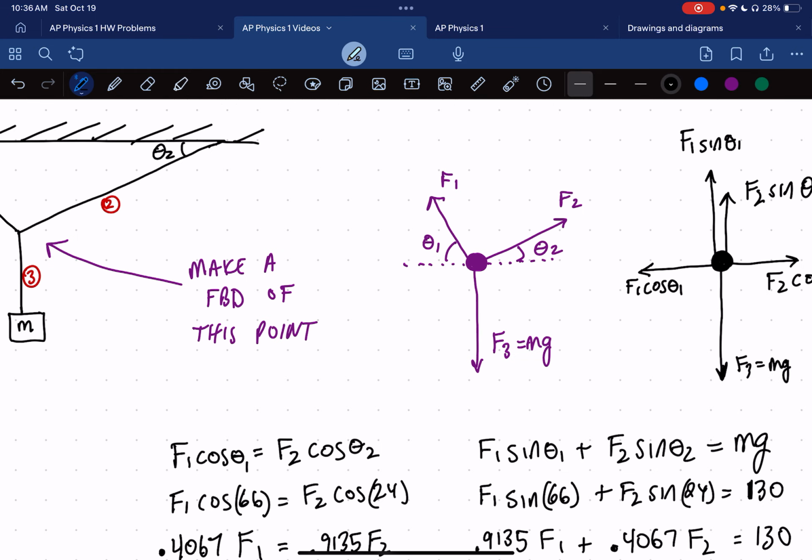So here, my hint to you is, can we get this mg, this F3 force, can we break it up into a component that goes this way, opposite of F2, and can we make a component that goes in this direction, opposite of F1? And I will leave that to you to see if you can figure that out.